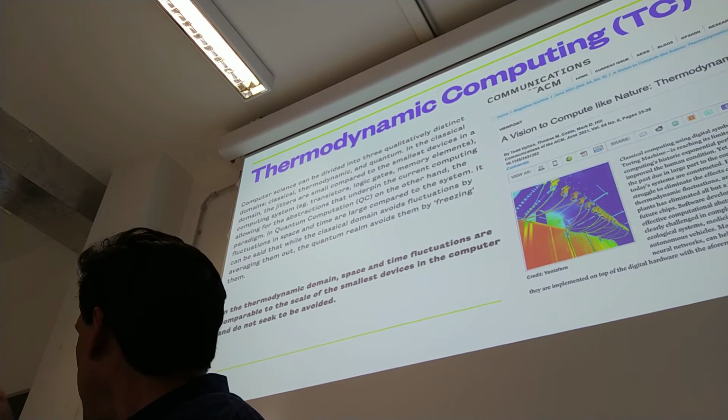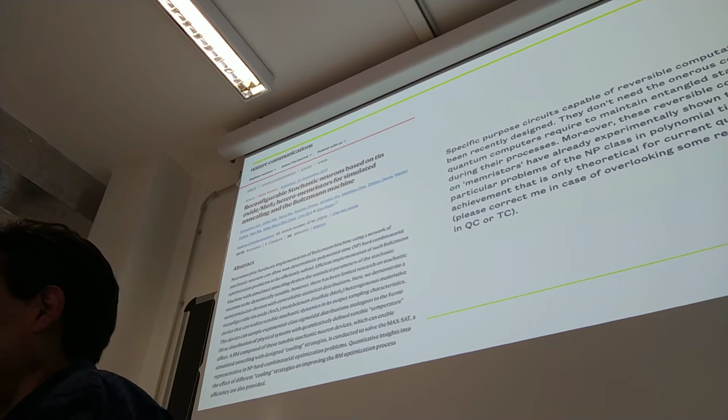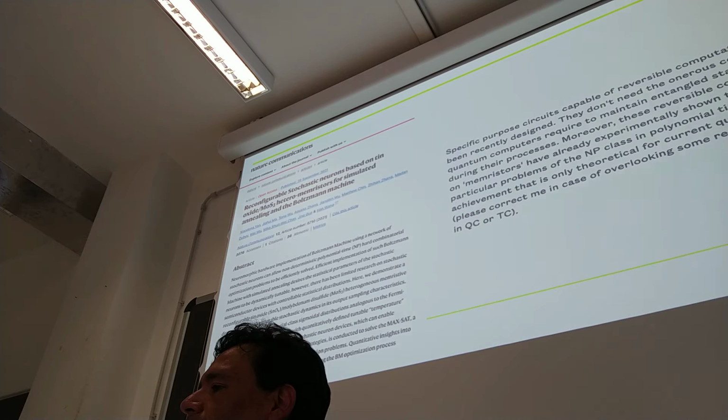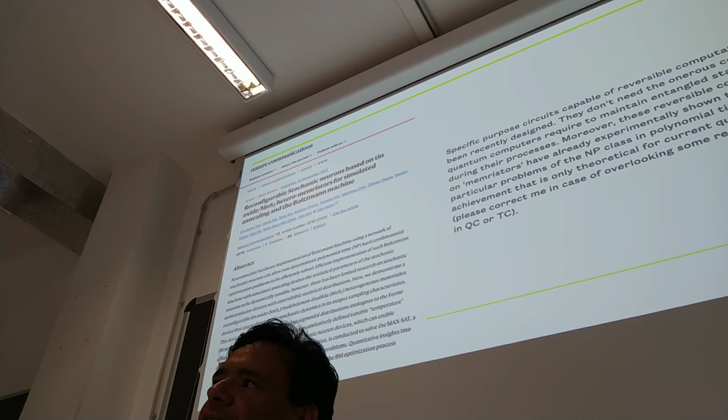We have electronic components named memristors. I don't know how this word is pronounced. The meaning is that they have memory. Due to the hysteresis effect, this kind of electronics is capable of having memory in the operations.